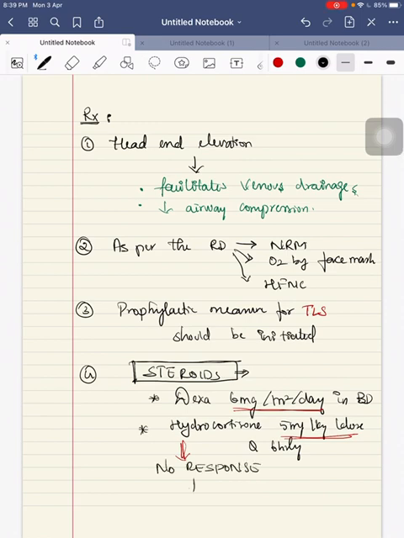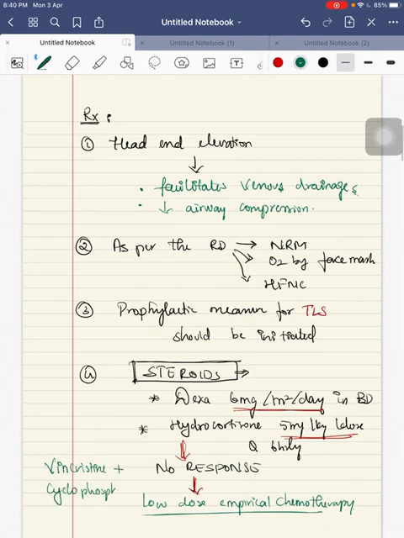If there is no response to the steroid, you can start low dose empirical chemotherapy, with vincristine plus cyclophosphamide.